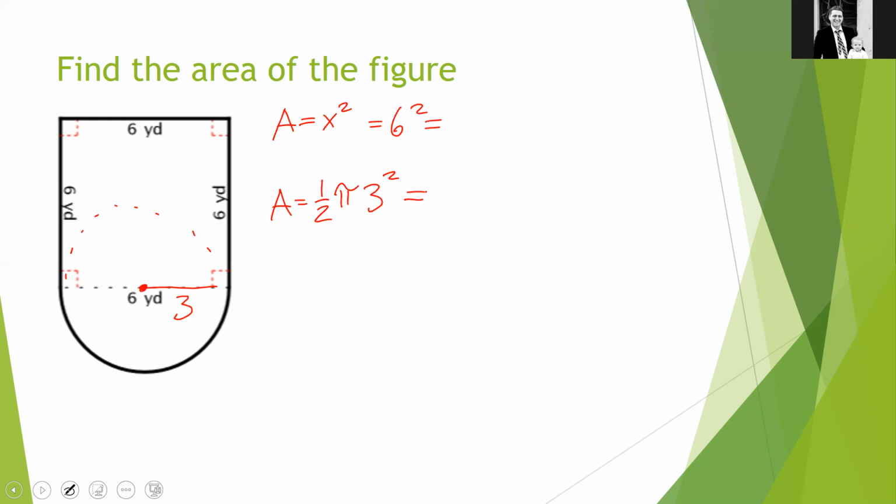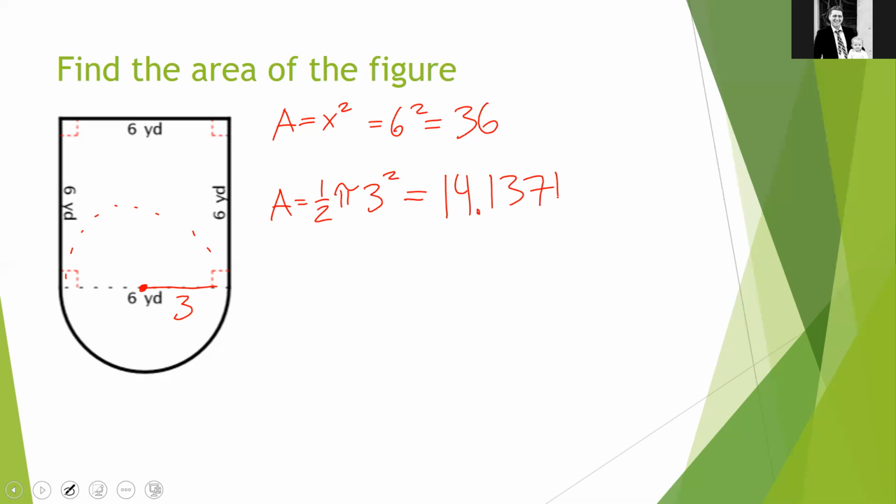And once I find these two values, I'm going to add them together. So 6 squared is 36. 1/2 pi 3 squared is 14.1371, and so on.